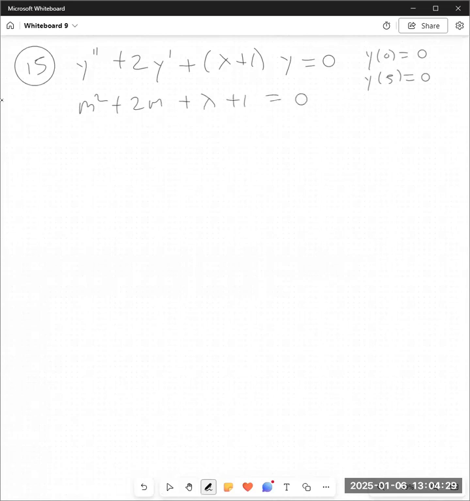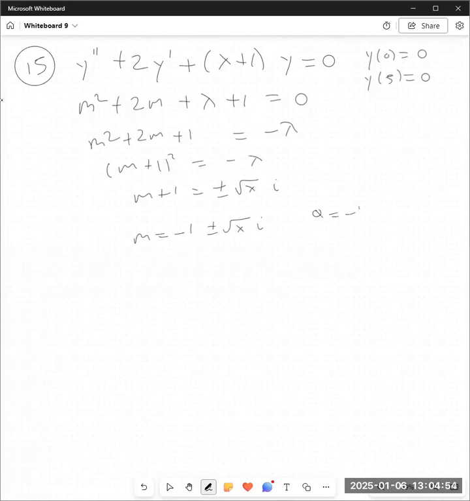I'm going to keep the 1 on the left-hand side because that's part of my perfect square trinomial over there. I'll move my lambda to the other side, making this m plus 1 squared is equal to a negative lambda. M plus 1 is equal to plus or minus root lambda i, making m equal to a negative 1 plus or minus root lambda i.